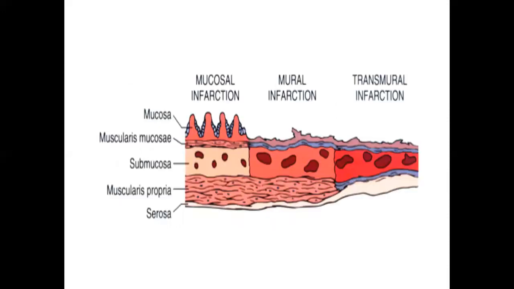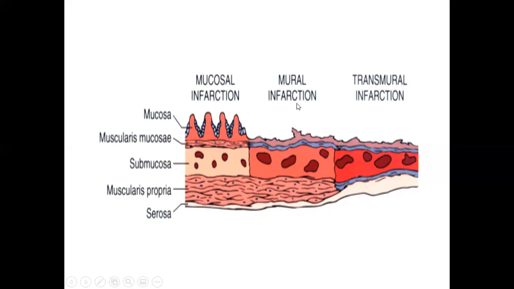So this diagram shows you the three types of intestinal infarction, that is mucosal, mural, and transmural. You can see that mucosal infarction is limited to the mucosa of the intestine.